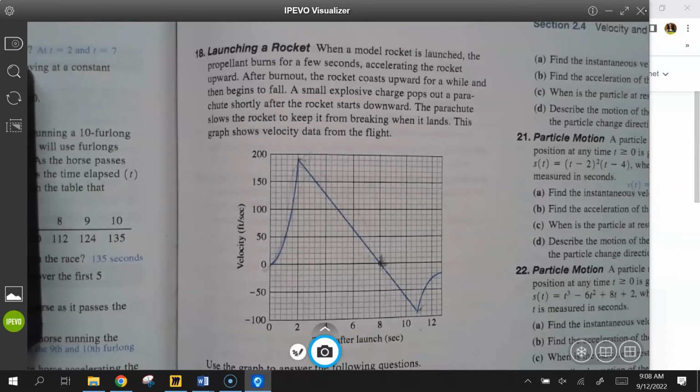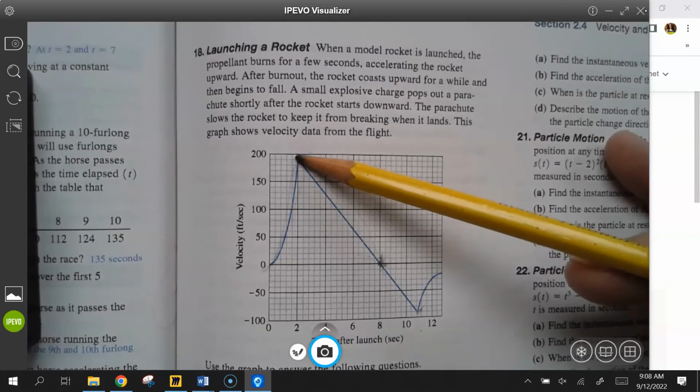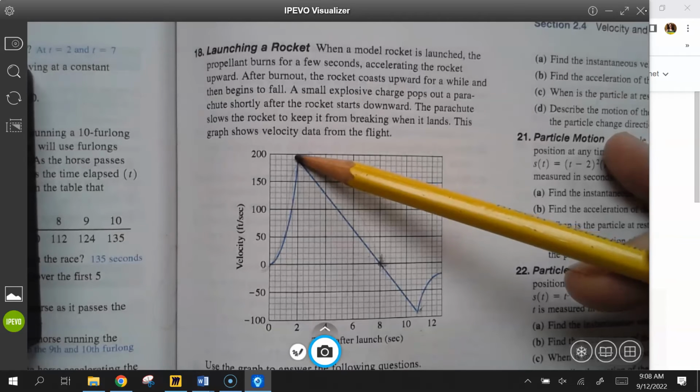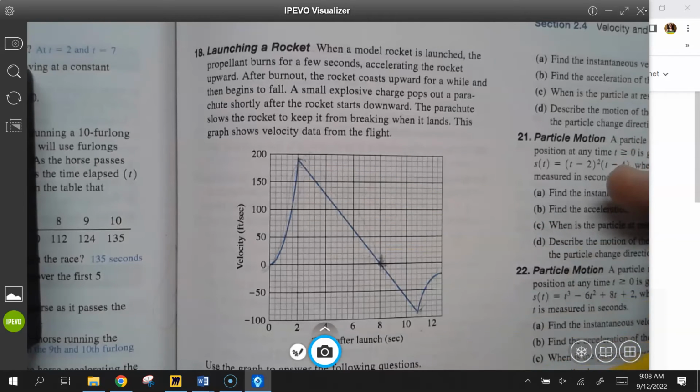I'm looking for the biggest positive slope on this graph. Where does it look like that happened? About 2 seconds, right? I almost have a vertical tangent there. It's really, really steep. So I would say about 2 seconds. So right before that engine cut off, right? That's whenever I had the greatest acceleration.